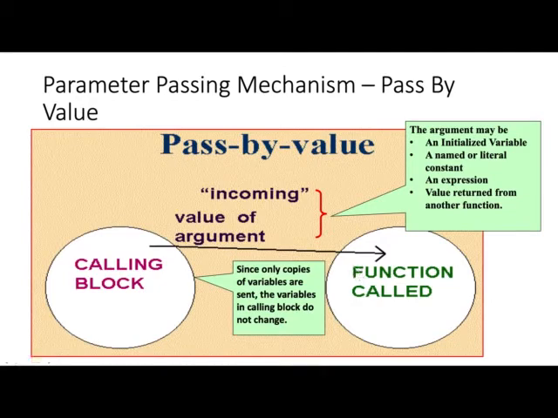Okay? This is very important. A final value of the argument being passed must be computed before the call to the function is made. That means you can't pass a garbage. And we take some time to discuss that issue.